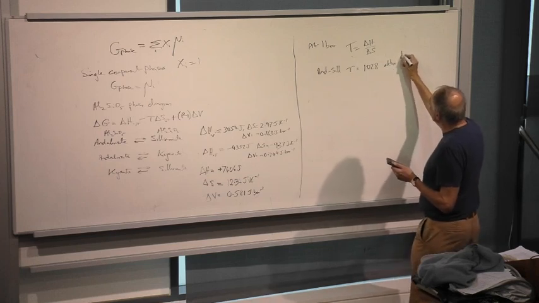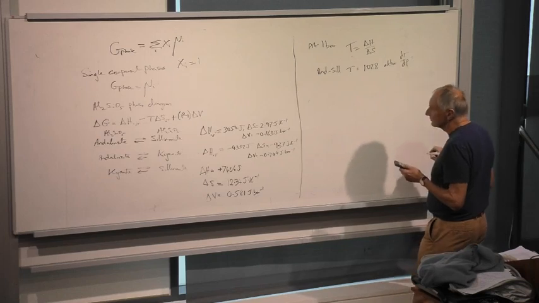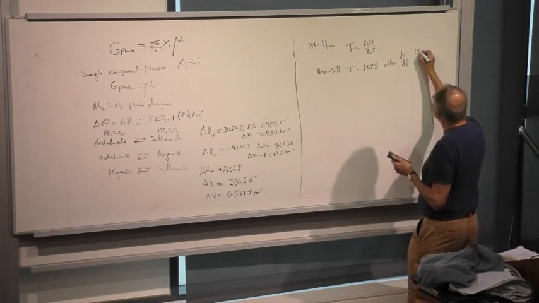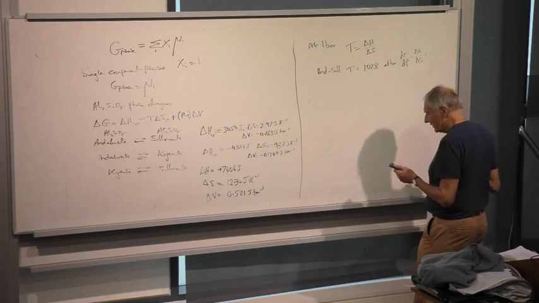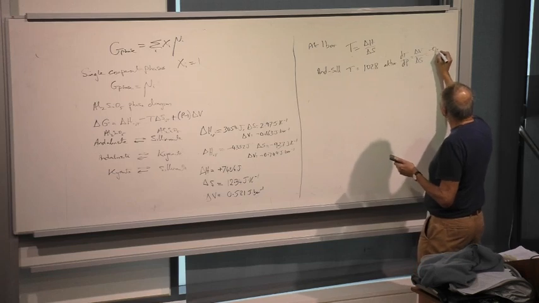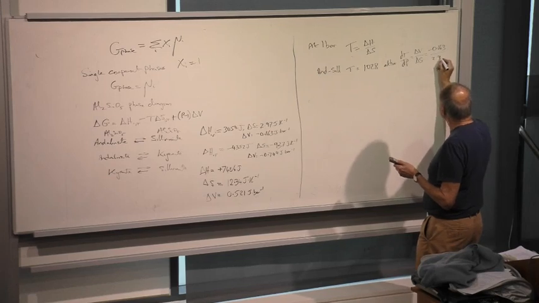And dT/dP is equal to delta V over delta S, which is minus 0.163 over 2.97, which is minus 0.05488.